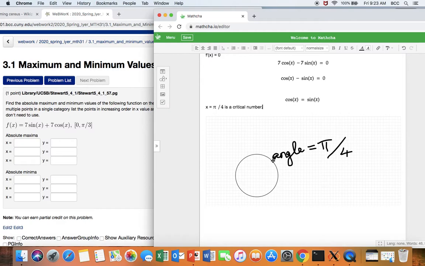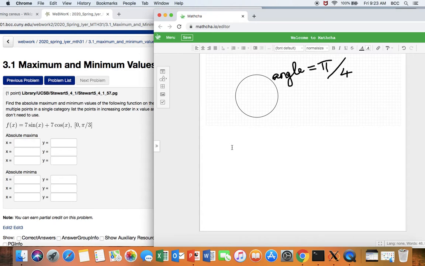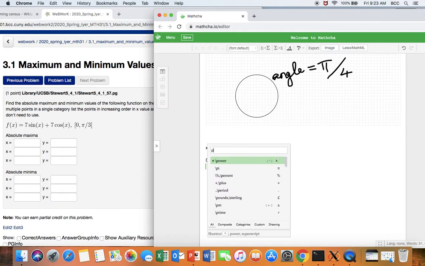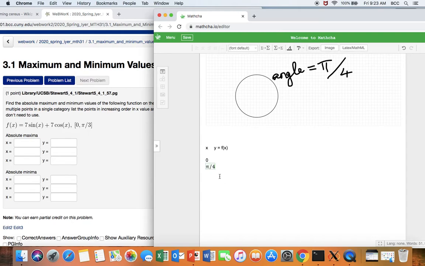Pi over 3 is somewhere here, 0 is here. Now you have x values, and you want to find y values, y equals f of x. What are the options? One is 0, then there is pi over 4 which lives in that interval, and the last one is pi over 3.